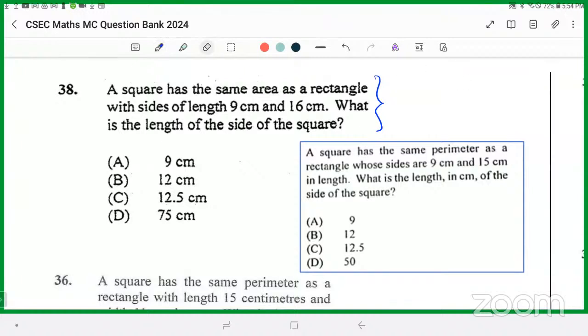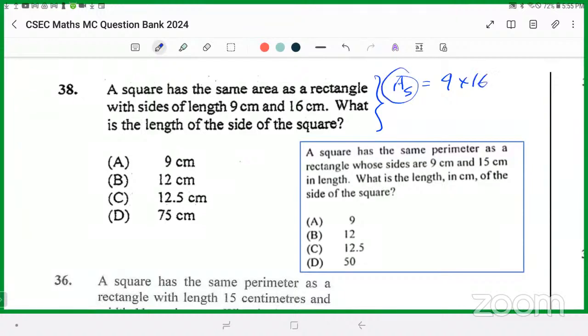So the area of the square is going to be equal to 9 times 16. I'm not going to expand it out.